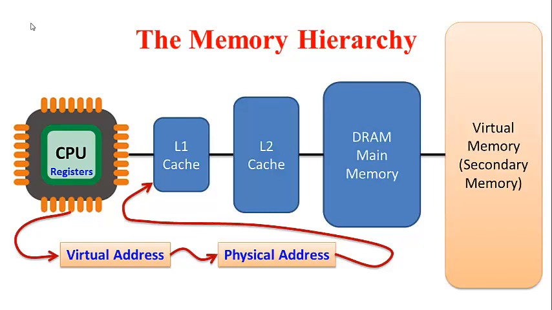And in that perspective, we can view main memory as nothing but a cache for virtual memory. So in this diagram, we have L1 cache serving as a cache for L2 cache locations, L2 cache serving as cache for main memory locations, and main memory itself serving as cache for virtual memory locations.